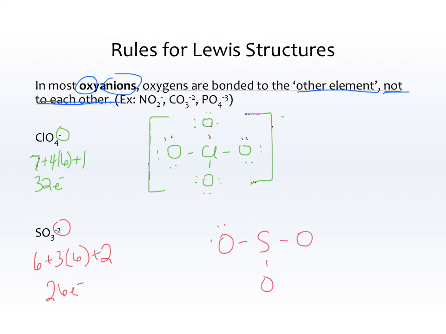Give everyone an octet, including sulfur. Count what you have: 8, 16, 24, 25, 26. Everything's good, all looking well. What we need to remember to include here is the overall -2 charge.